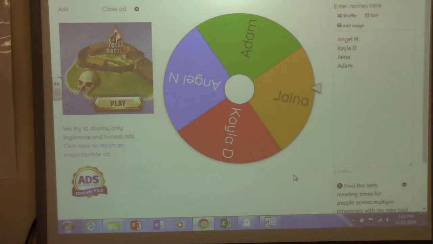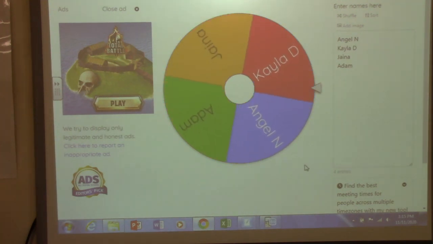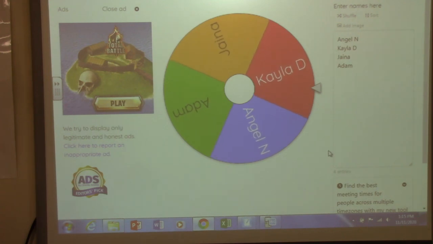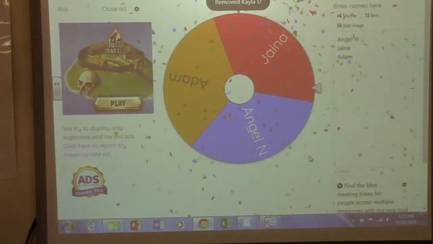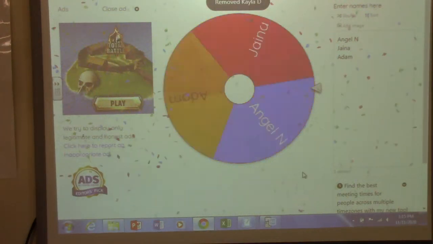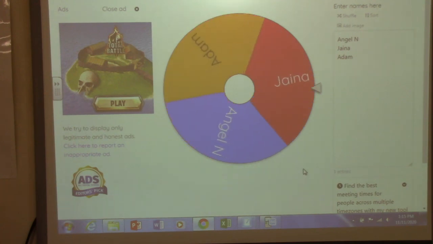Ready to spin on this one? We have Kayla is missing here. Jane is going to get this one.